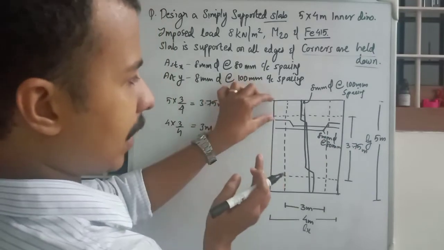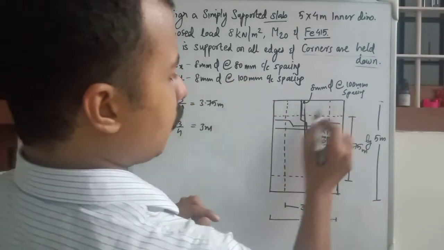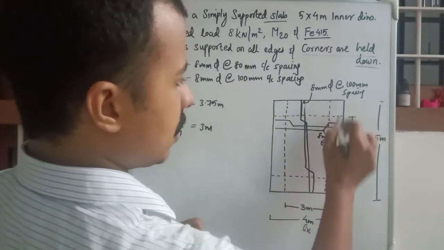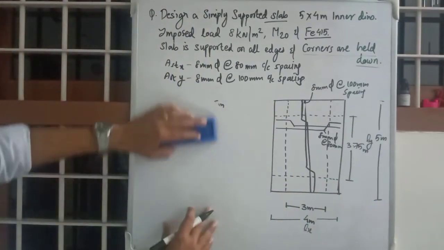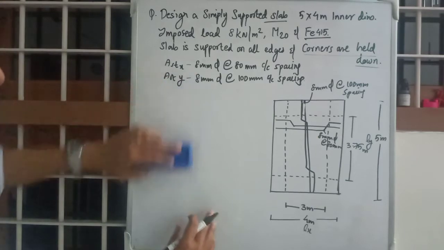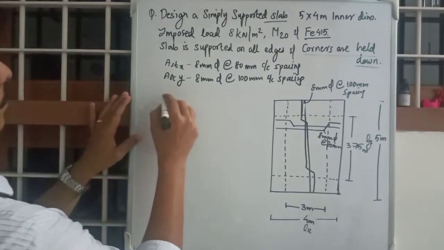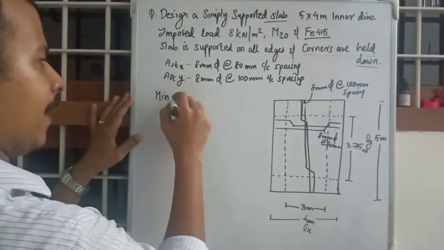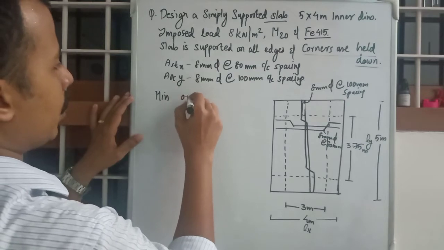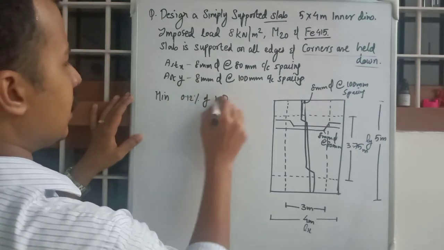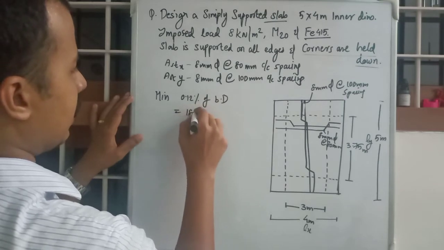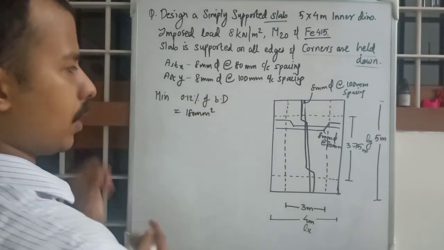So what will be the rest? What will be the reinforcement in this direction, this area? Minimum reinforcement. We calculate it as 0.12% of B into D, that was 180 mm square.